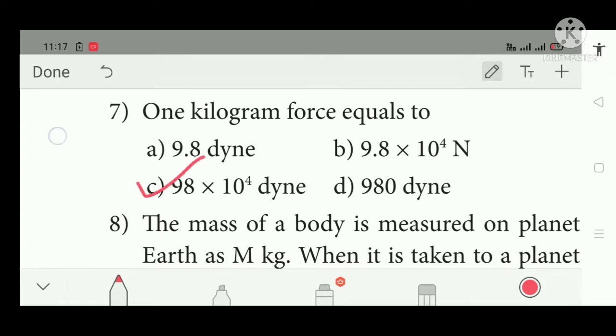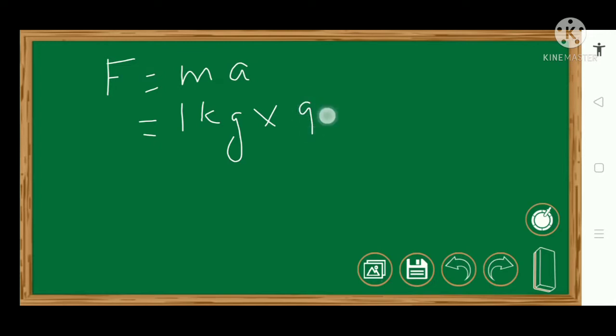That is, force is equal to mass into acceleration. Here the value of mass is 1 kilogram and the acceleration is 9.8 meter per second square.